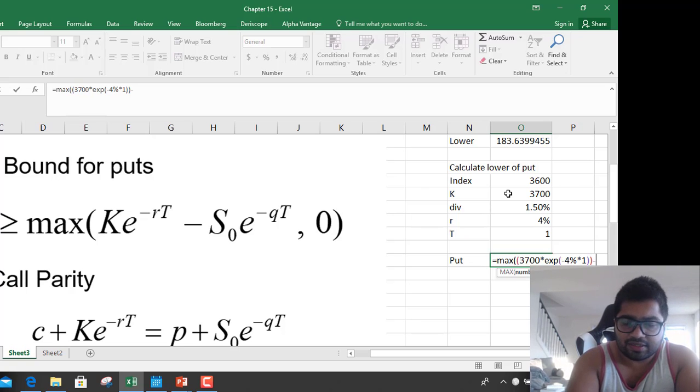Minus S0, that is the 3600 stock price, into exponential of negative dividend yield 1.5% times 1.